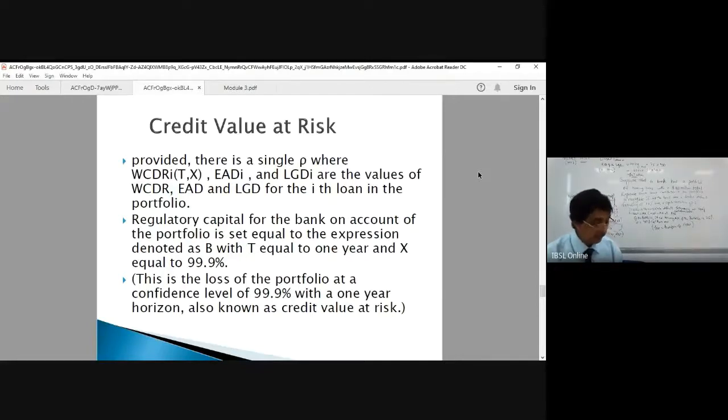Now you see, if you take the normal probability of default and calculate this, you will get a very small figure. But when you take the worst case default rate and do the calculations, you will have a big figure. The difference between these two will give you the unexpected loss of the portfolio.